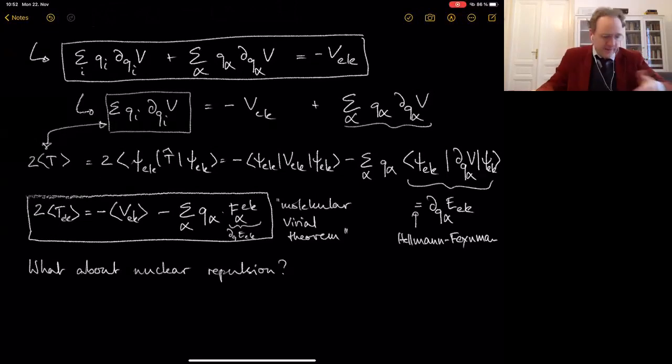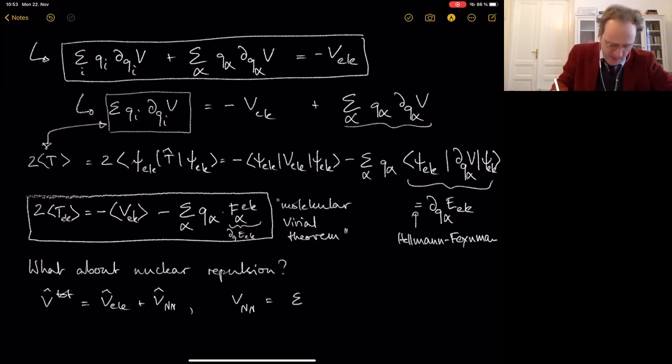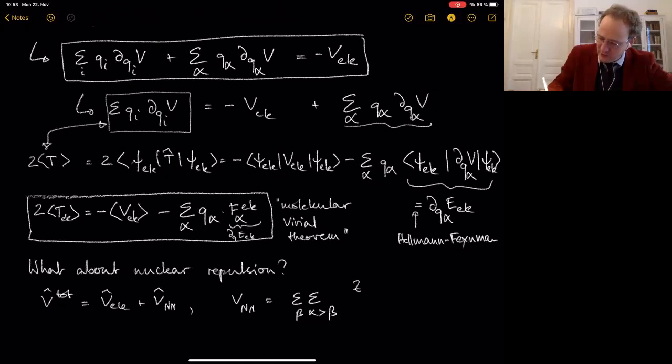It turns out it doesn't matter, because it actually cancels, and let us see why. So your total potential is your Euler term plus your nuclear repulsion term, and this nuclear repulsion term is the double sum where alpha is larger than beta to avoid overcounting.